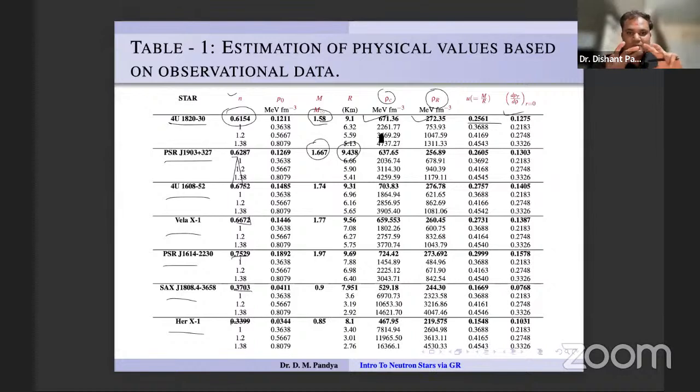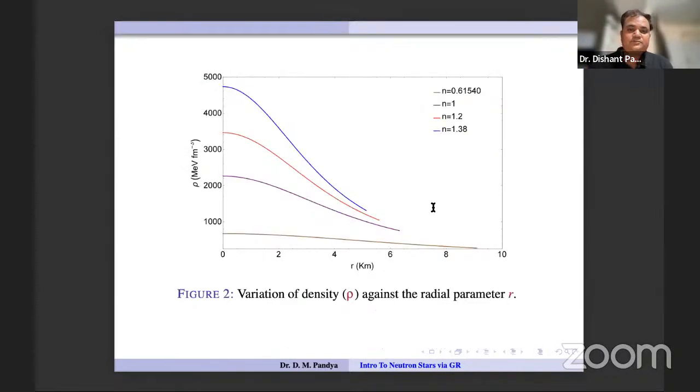We carried out our mathematical model, and without prior knowledge of this density or radial pressures, we can give our own value, and they are matching with the observed pulsars. In this way, even if you go beyond the list of these pulsars, you can always give the idea of the central and surface densities as well as pressures. That was really a good thing, that we started with anisotropic stellar configurations.